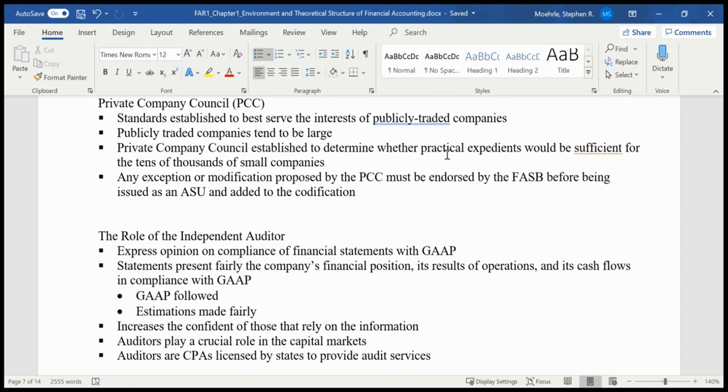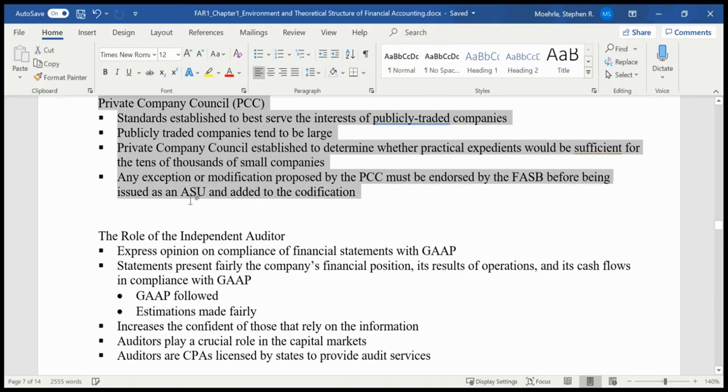So here's the deal on the Private Company Council. If you're a small company, and it is very, very unlikely you're ever going to be a publicly traded company, there are a lot of rules that were developed for those publicly traded companies that are quite complex and quite expensive to implement.